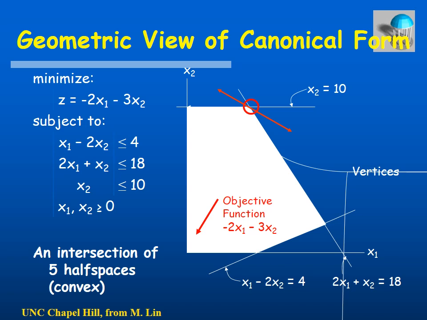And the three constraints correspond to the line bounding the top of the polyhedron, that's x2 less than or equal to 10; the line bounding the lower right of the polyhedron, that's x1 minus 2x2 less than or equal to 4; and the line bounding the upper right of the polyhedron, that's 2x1 plus x2 less than or equal to 18.